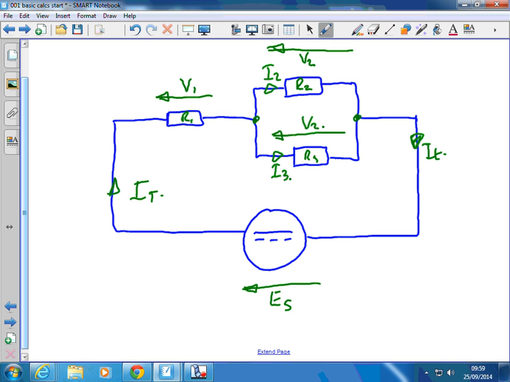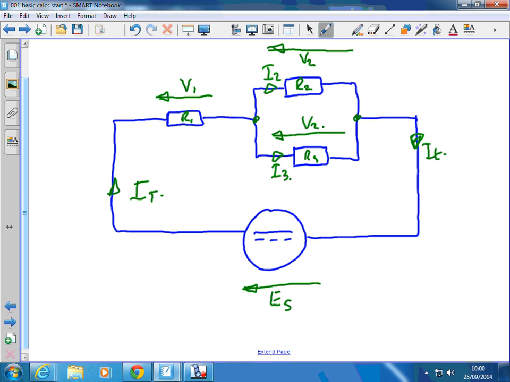But time and time again, I see students trying to calculate these two currents using the total voltage for some unknown reason. And you can't do that. Yes, there's a parallel circuit. When you've got just a parallel circuit, it is the supply voltage that's across each resistor. But in this circuit, we're going to lose some voltage across R1 before we even get to this one.